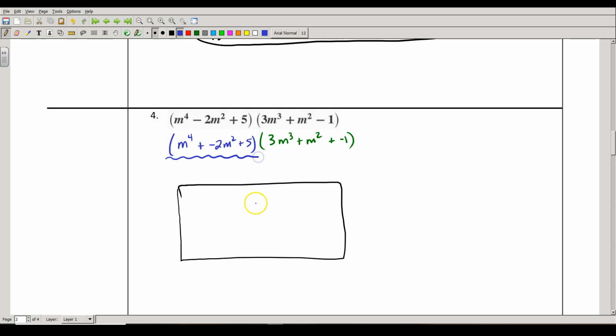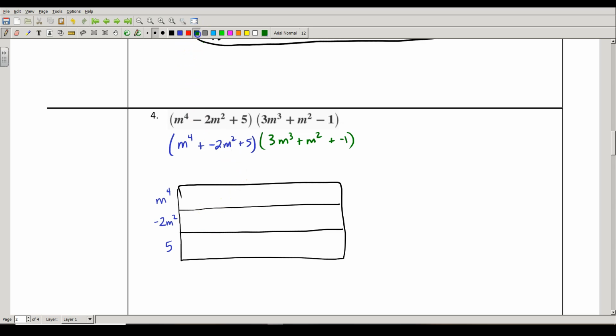So let's just say this first polynomial's terms, we can put that on the left side. So we're going to have 3 rows here because there's 3 terms in that first one. And I'm just going to write this on the side as m to the 4th and negative 2m squared and 5. So I just list off those terms on the side.